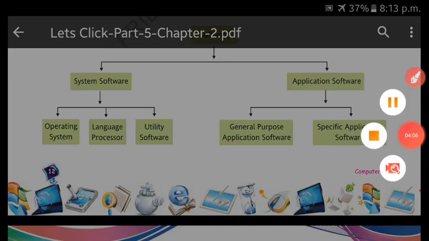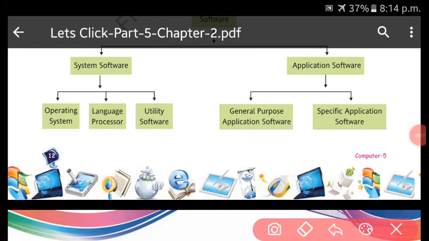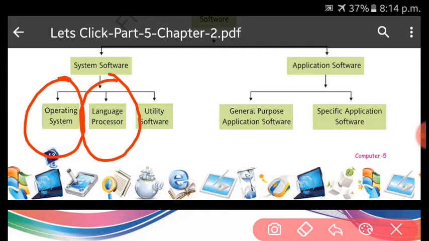Next, there are categories of system software. Operating system, I told you the example is Windows. You know very well. Language processors. I know you have not studied this. The meaning of this is that we use certain programming languages to give instructions to the computer.